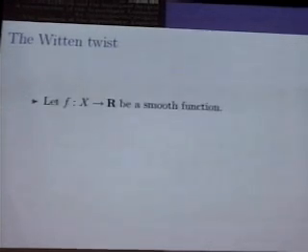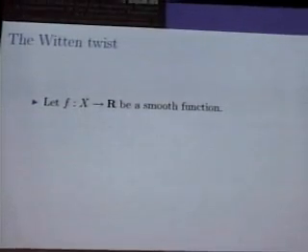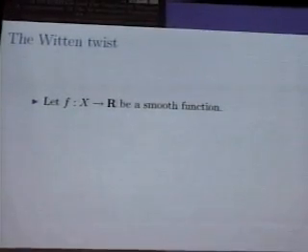So I will briefly explain what is the Witten twist, which plays an important role as an inspiration for what I'll do later. So the idea of Witten was to try to connect, in some sense, Hodge theory with Morse theory. So the way he did this is as follows.